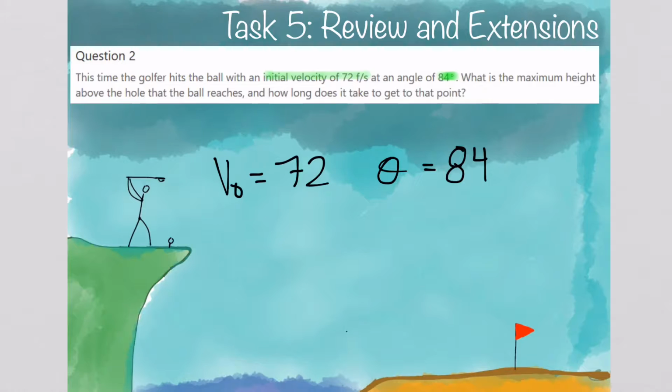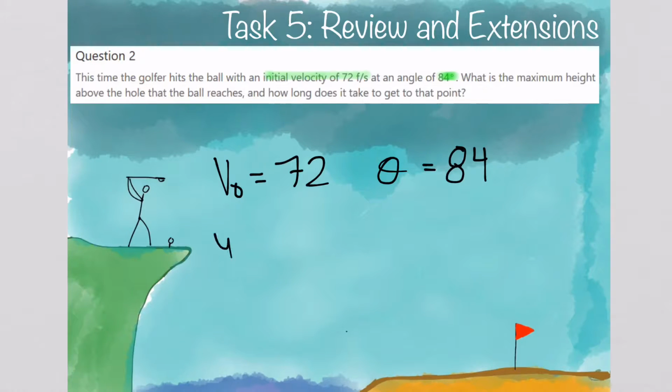Now, I want to mention that there are a lot of different ways you could solve this problem. I'm simply going to show you one approach. What I'm going to do is write down the vertical component of the parametric equation, our y of t equation.